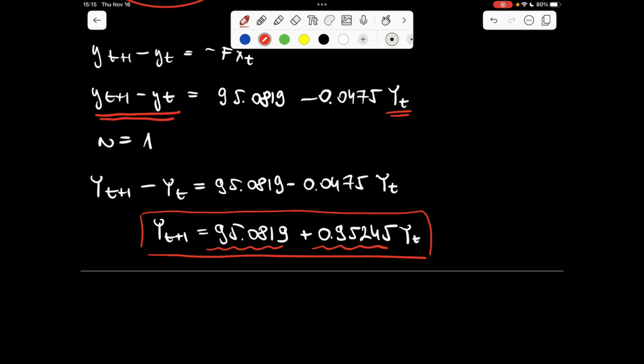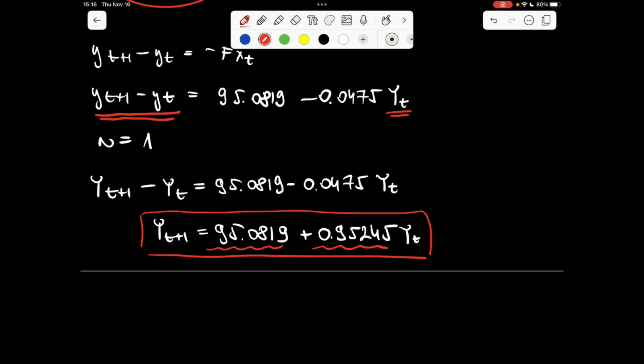This is part of the definition of rational expectations equilibrium, that under rational expectations in equilibrium, the perceived aggregate law of motion and the actual law of motion must be the same.